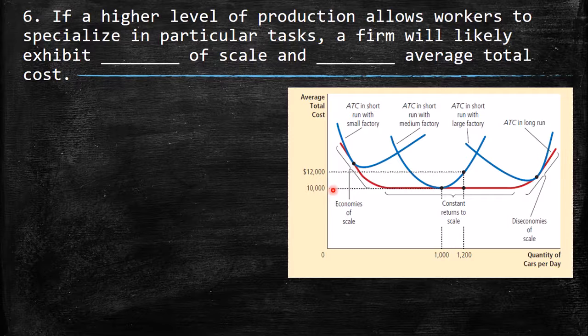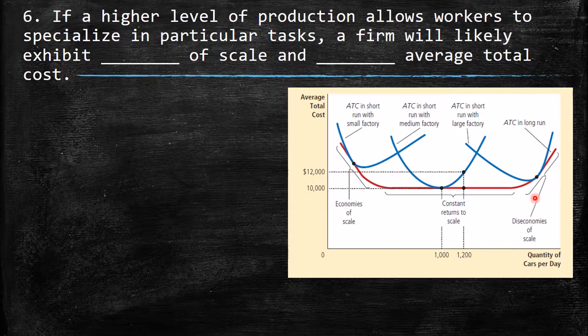Remember the difference between short and long run. It doesn't mean 1-2 years, it depends on the field, but the basic idea is that in the long run you don't have fixed costs and all the costs are variable and you can change the size of your factory.